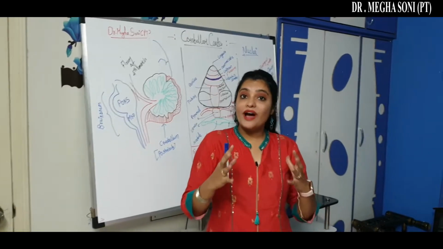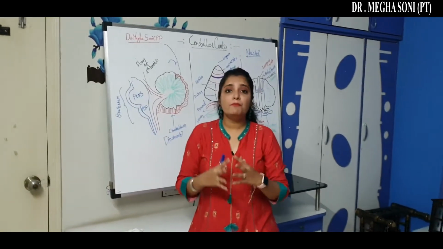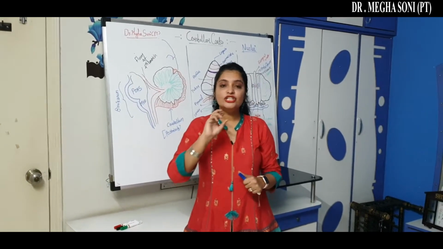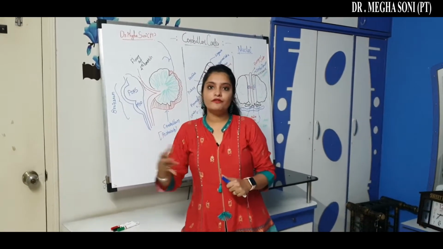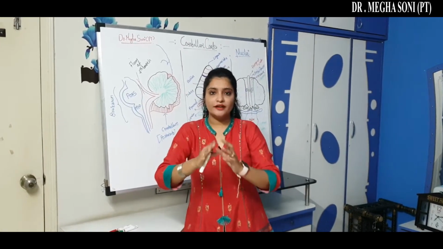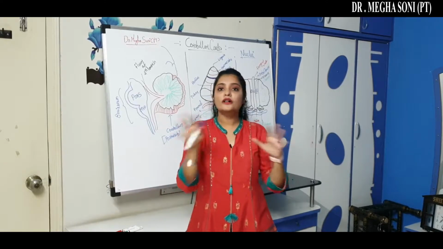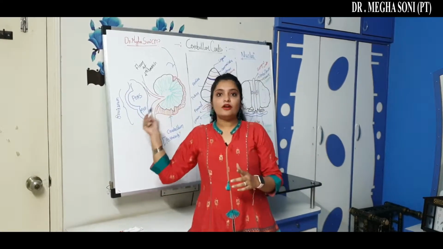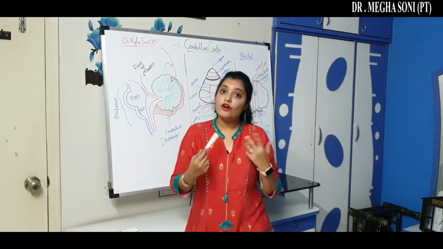Now, why cerebellar cortex is so important? First point, cerebellar cortex has unique arrangement of neurons. Okay, the neurons are situated uniformly in all the layers of cerebellar cortex. So that makes cerebellar cortex very unique. Now what we think?